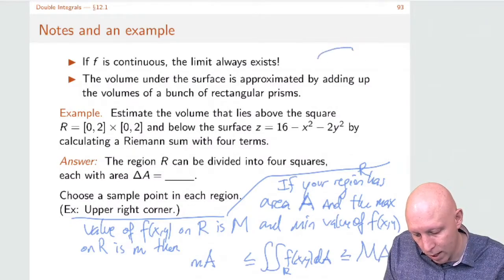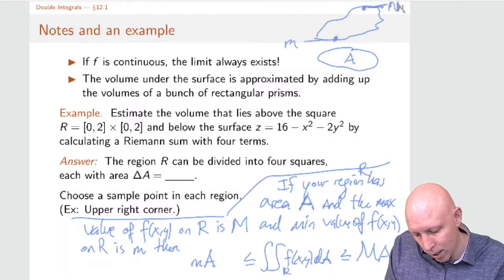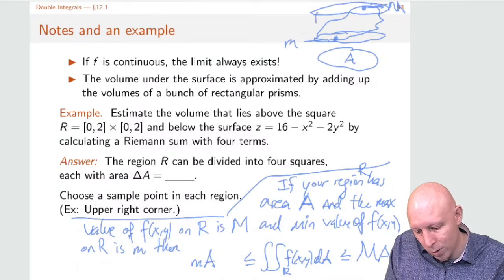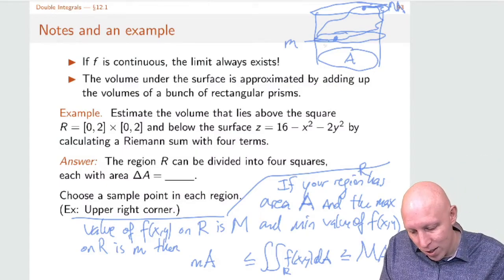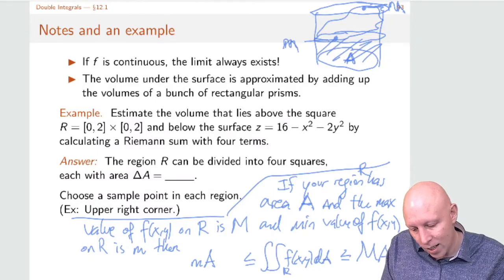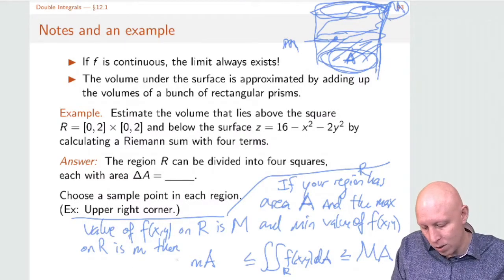What we're saying is that if your region looks like this, and you have a surface over it that has some max value, capital M, and some min value, little m, then just by doing a really big cylinder over the region with area A, this is a lower bound, which is m times the area A, and this is an upper bound, which is capital M times the area A. So this is one property.